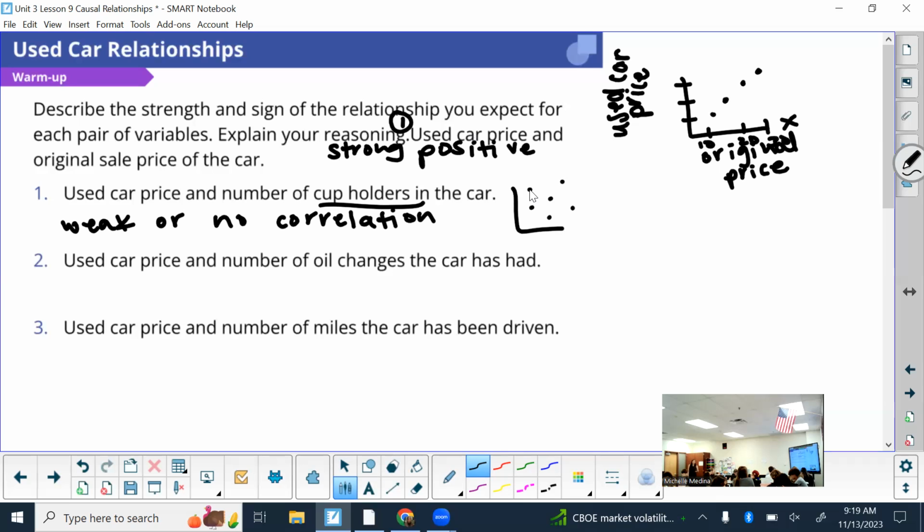All right, table 9. What about used car price and number of oil changes the car has had? What do you guys think? Yeah, used car price compared to number of oil changes the car has had. Do you think that would be strong, weak, positive, or negative?